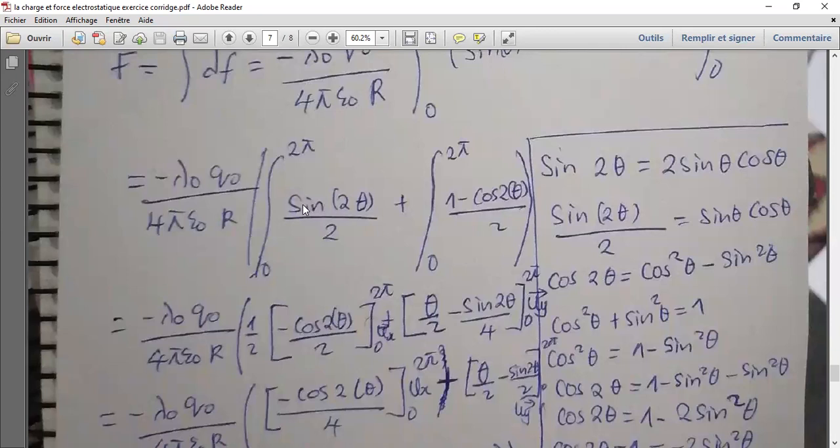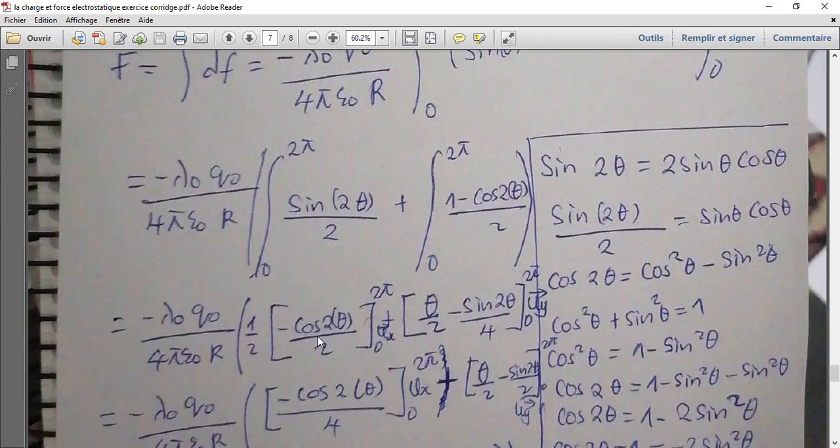So when you integrate sine, it's supposed to give you negative cos, divided by 2. When you're integrating, whatever you do with the numerator, you do with the denominator also.